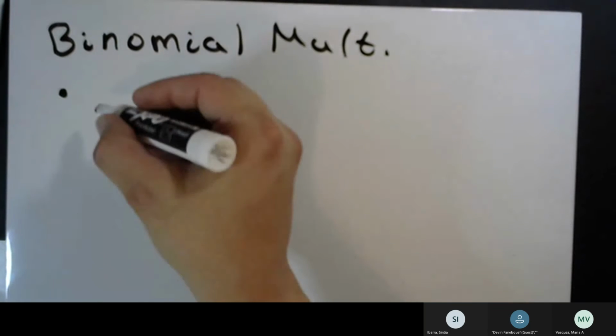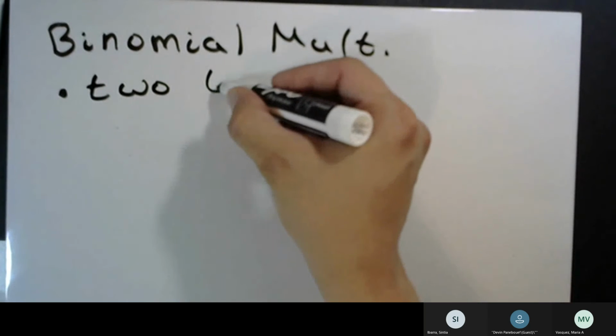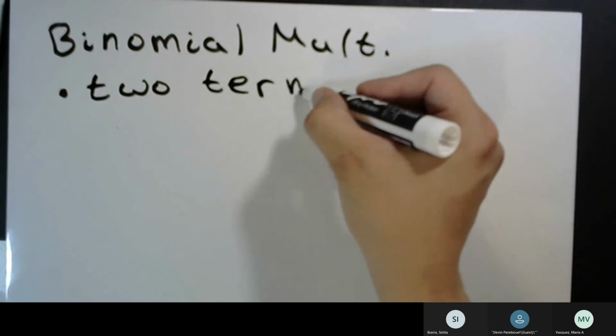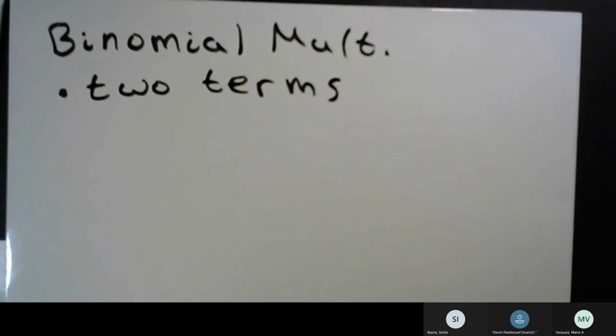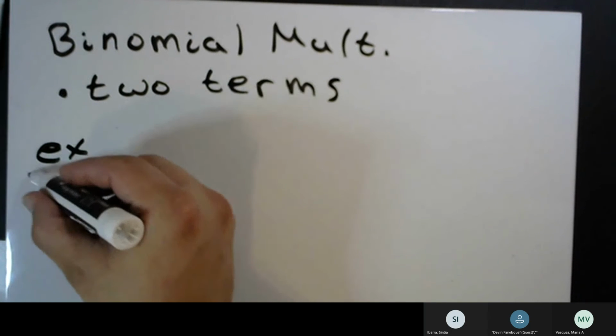And the thing with binomials is a binomial has two terms, or two monomials. So we're going to come up with a technique called FOIL. And the way FOIL works is, well, I'm going to show you the long way to do this, and then we'll come up with the FOIL shortcut. So let's say we have something like this.